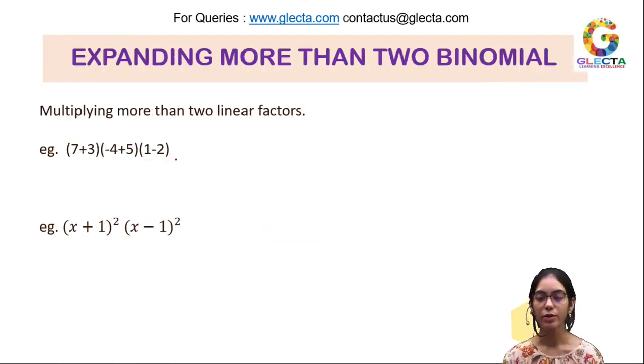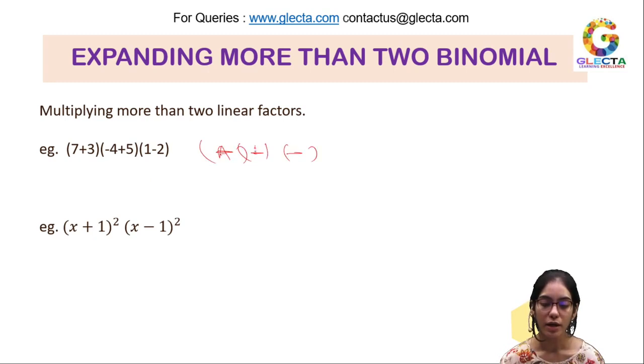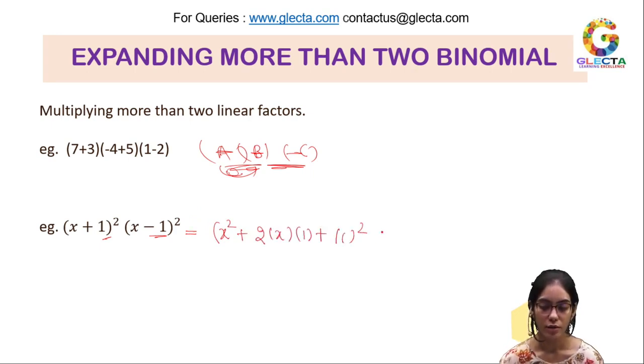Okay, if we are provided with more than 2 linear factors, then again we can solve it. Suppose we are given 3 brackets, bracket A, bracket B and bracket C. Just solve bracket B and C first, and then solve bracket A with the result. For example, this one. So x plus 1 whole square will be a square plus 2 into a into b plus b square.